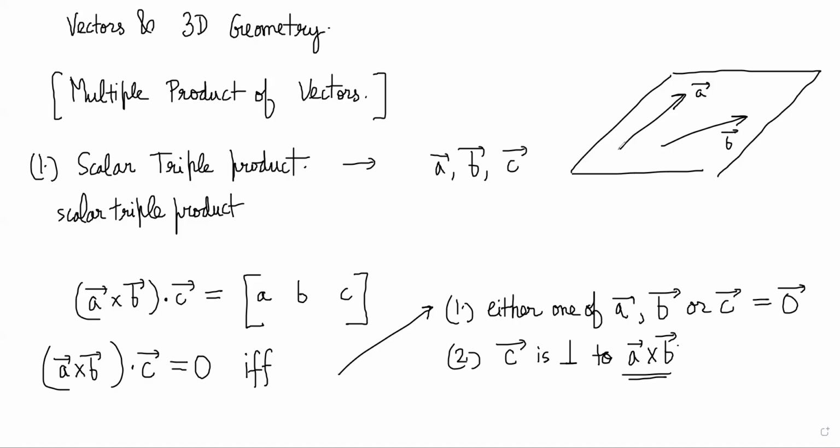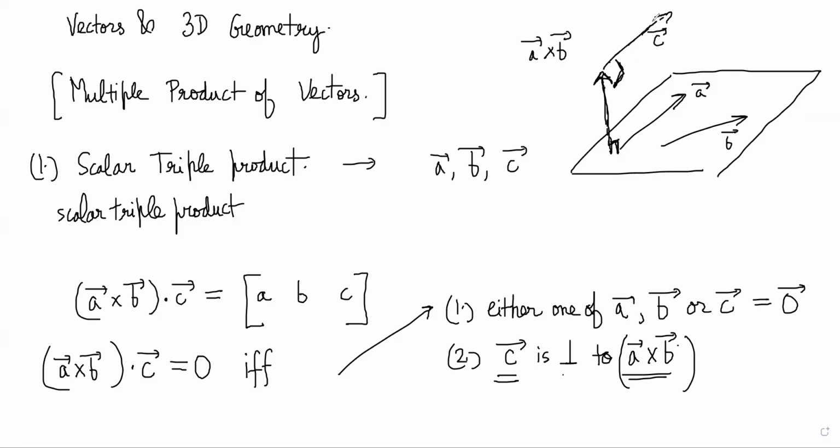And the direction perpendicular to A and B both, this is the direction of A cross B, right? This is perpendicular to the plane. Now, if you think about it, C must be perpendicular to this vector A cross B. So if C is perpendicular to A cross B, it should be like this, 90-degree with A cross B.